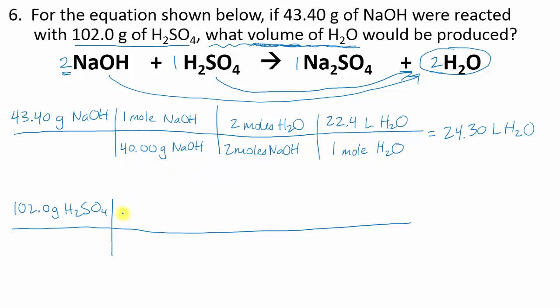So our stoichiometry, we convert grams to moles. 1 mole of H2SO4 is about 98 grams or so. Always better to have an extra decimal place rather than having too few when we're rounding and stuff.